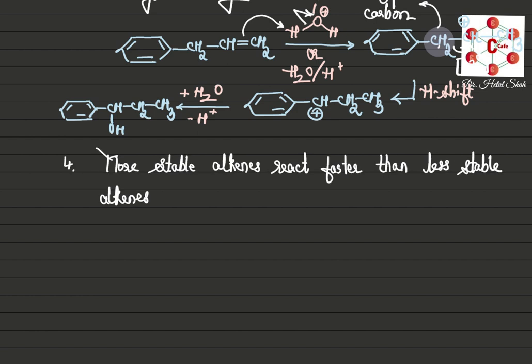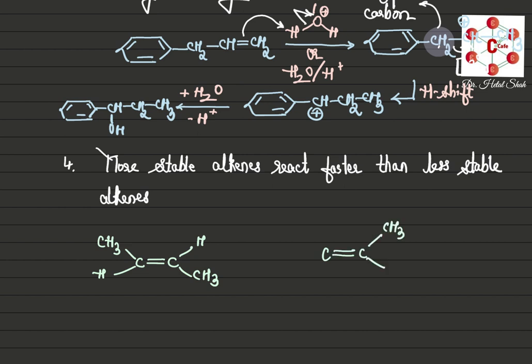What does that mean? It means that, how do you decide the stability of an alkene? I'm giving you 2 alkenes. Pay attention. I'm giving you the structure of 2 alkenes. This is one alkene and this is another alkene.